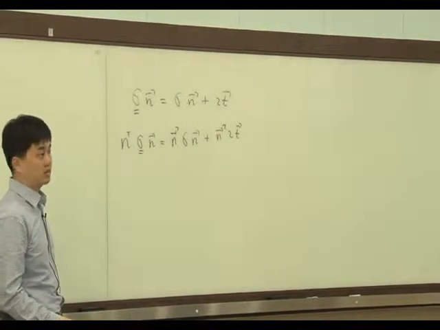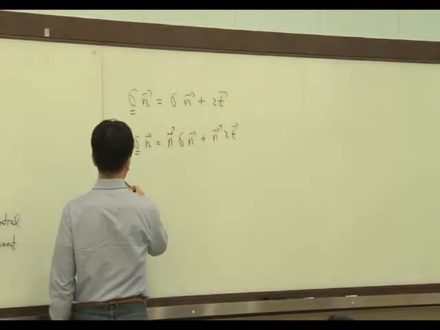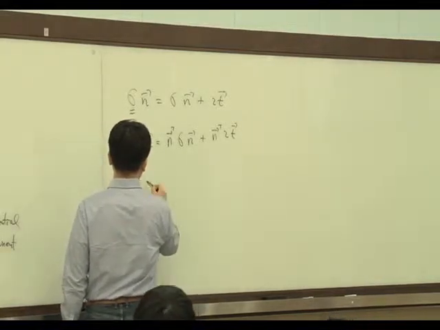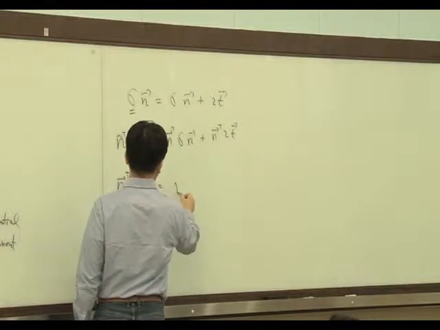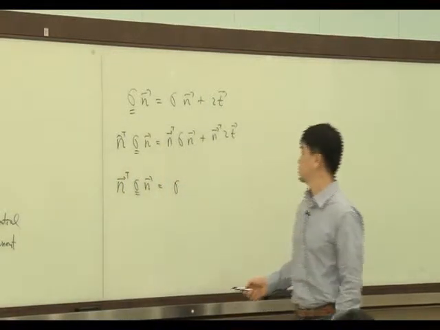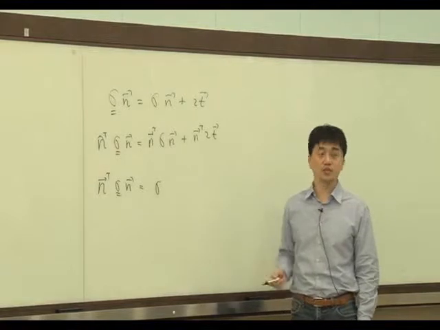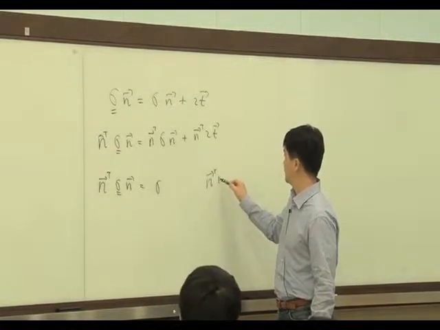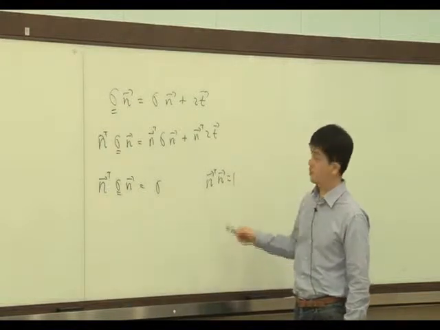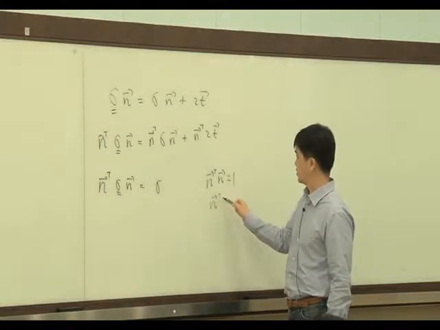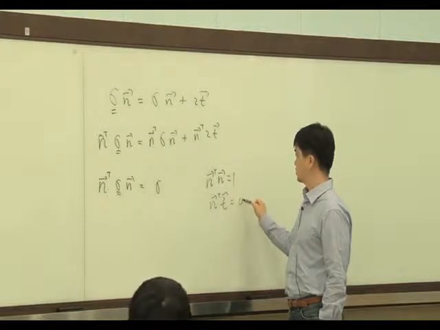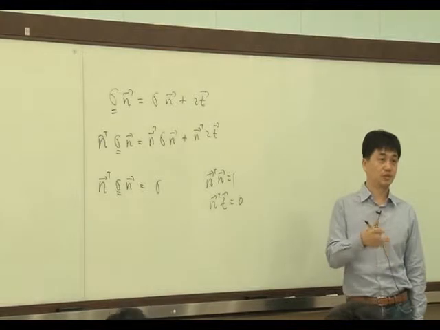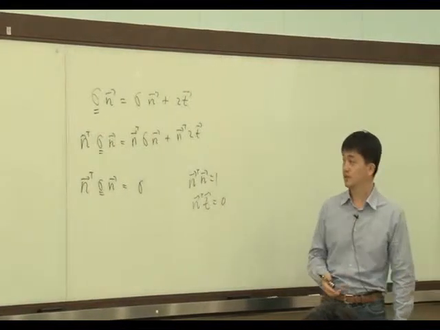Then what do we have? On the left hand side, n transpose stress n equals just sigma. We have only the normal component because n transpose n equals 1 and n transpose t equals 0, because n and t are normal to each other and both are unit vectors.